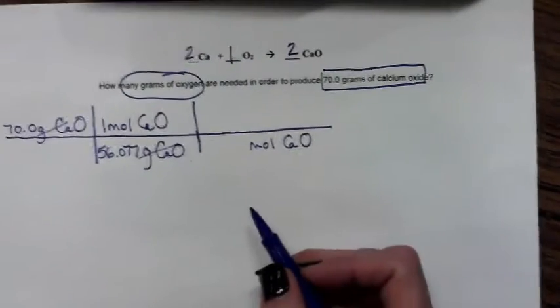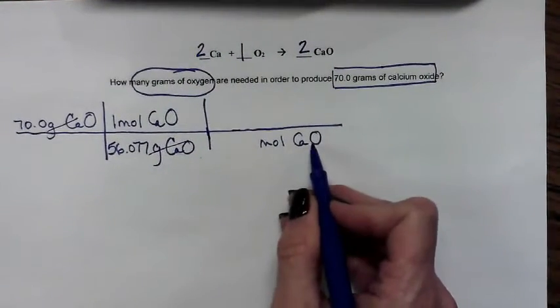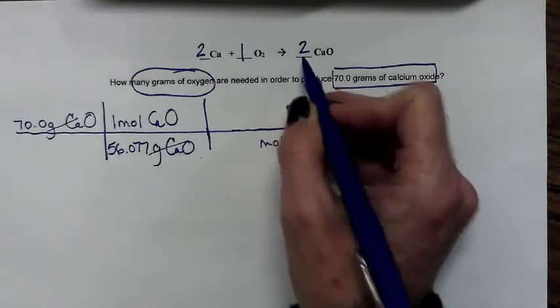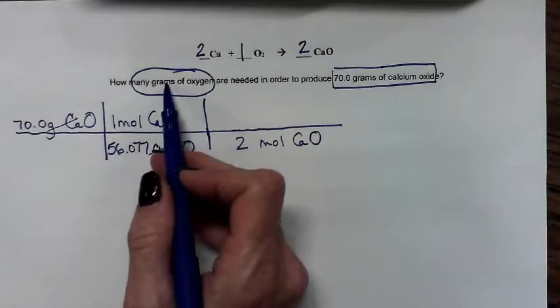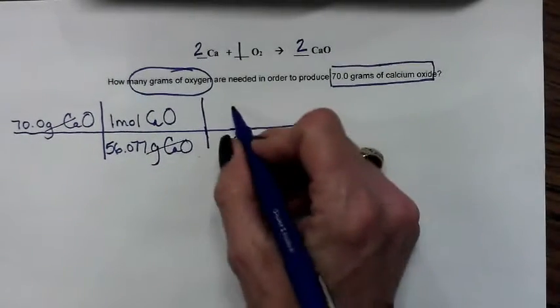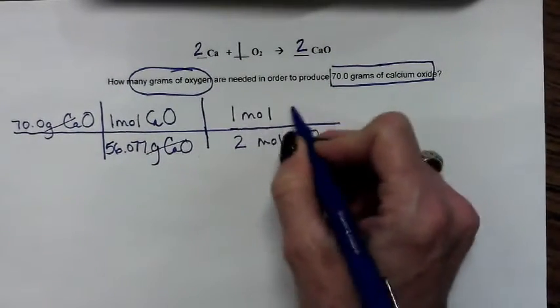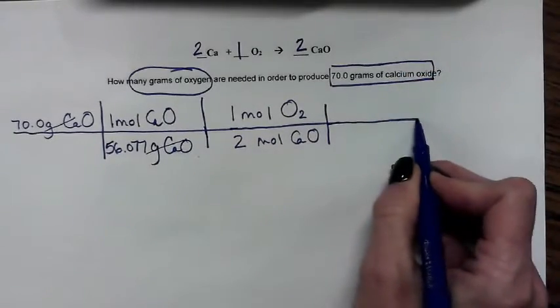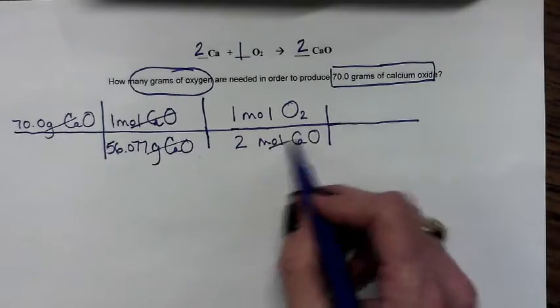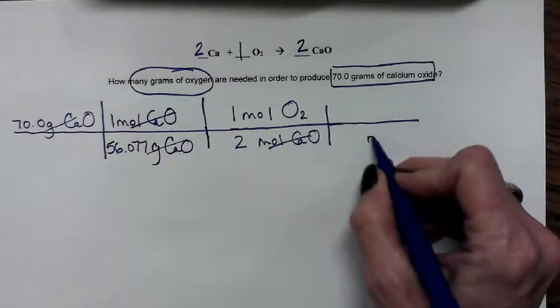Over here. Mole ratio. Okay, well, I've got moles of calcium oxide on the bottom, and there are 2 moles of calcium oxide. I want grams of oxygen, so I need the moles of oxygen, and there is 1 mole of O2. Disco down my unit again, moles of oxygen.